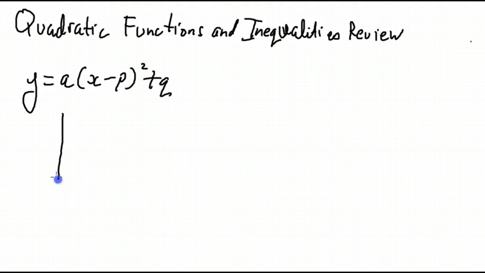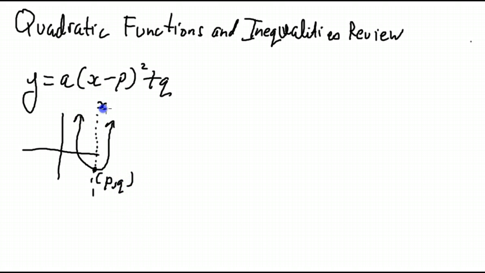And we know that a parabola can open up. We'll have an axis of symmetry which passes through the vertex. The vertex is at the point (p, q). The axis of symmetry has an equation of x equals p.